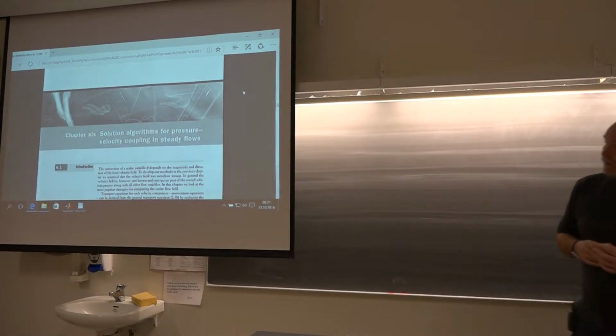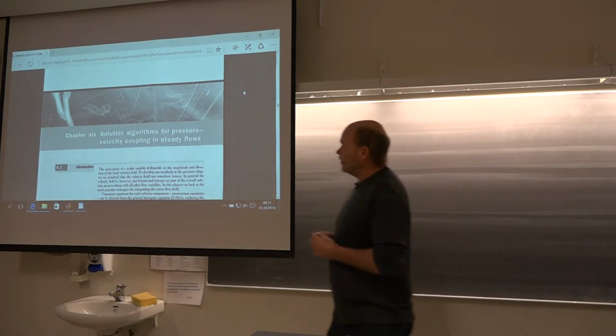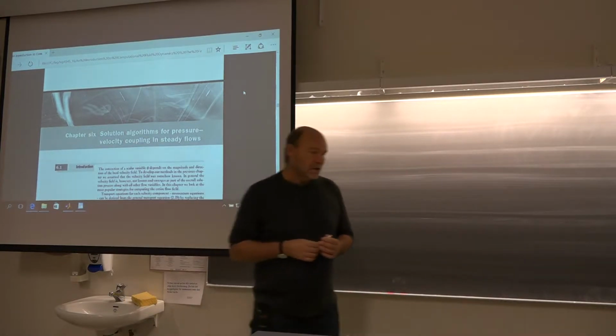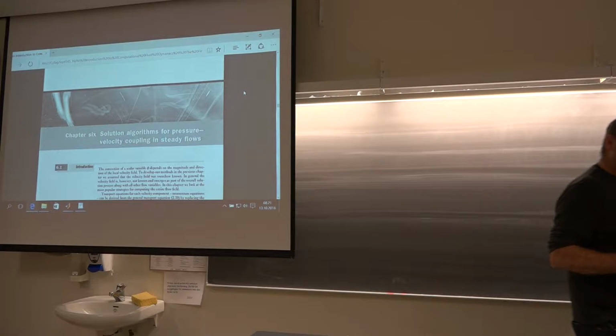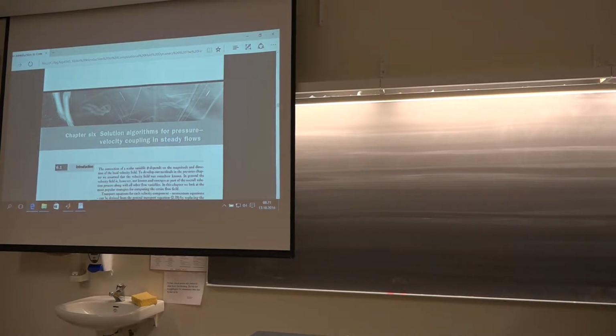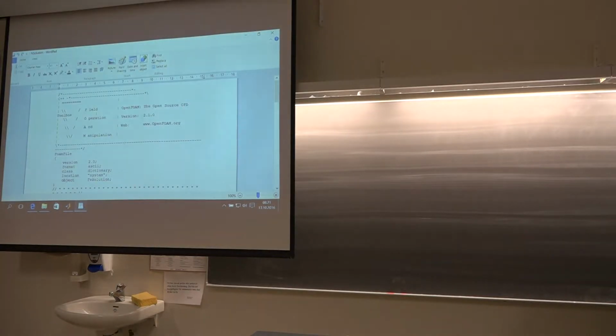So today the topic is chapter 6 and chapter 7. And why? Well, we are not done with the input we have to give to OpenFOAM. Here it's a file called fvSolution. That's the last input file that we have to address.